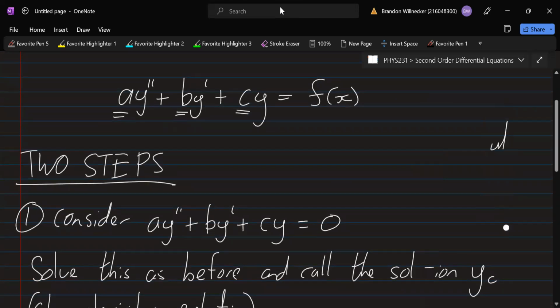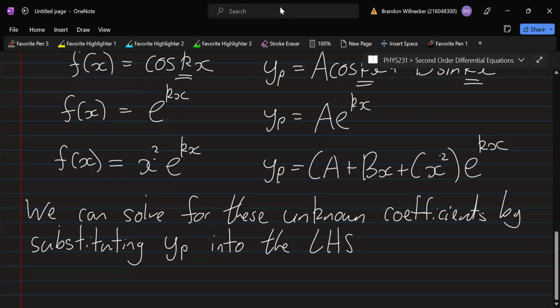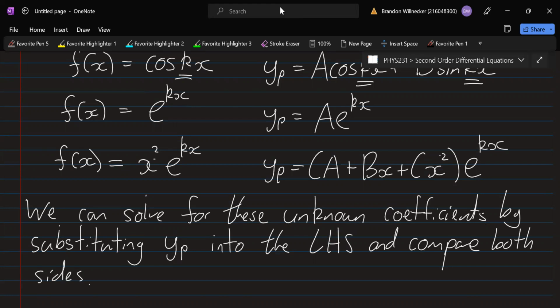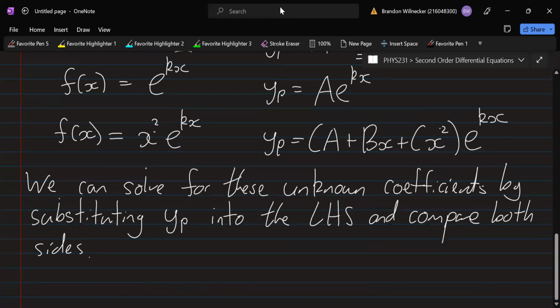So we substitute into the left-hand side and compare both sides. Comparing the left-hand side to the right-hand side, we can then identify what those coefficients have to be.